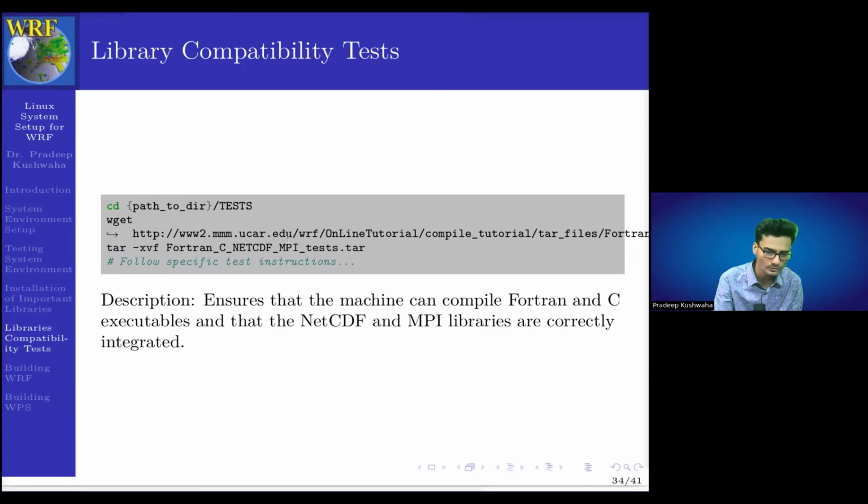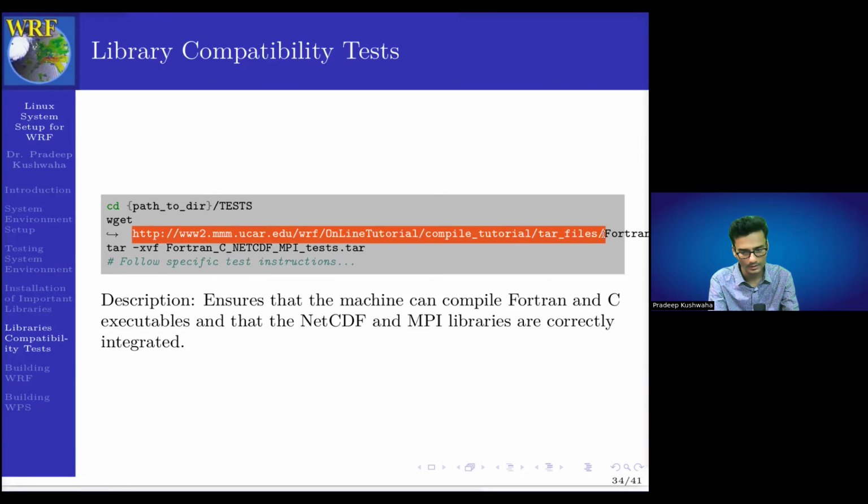You can either simply go to the WRF website and download this tar file, the Fortran C netCDF MPI test tar. You will find it on the WRF website. Go to the compile tutorial, and you can just copy this one and paste it in your browser, and you will be able to locate this tar file.